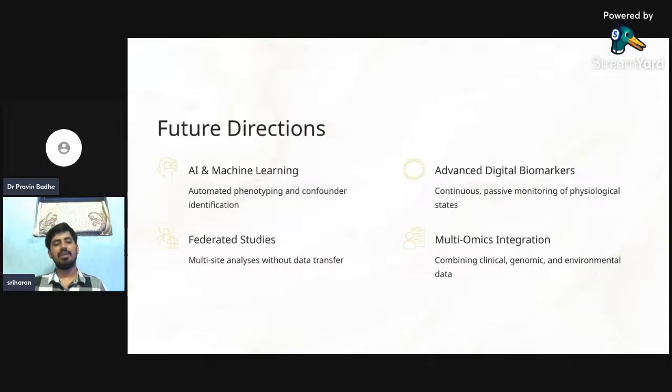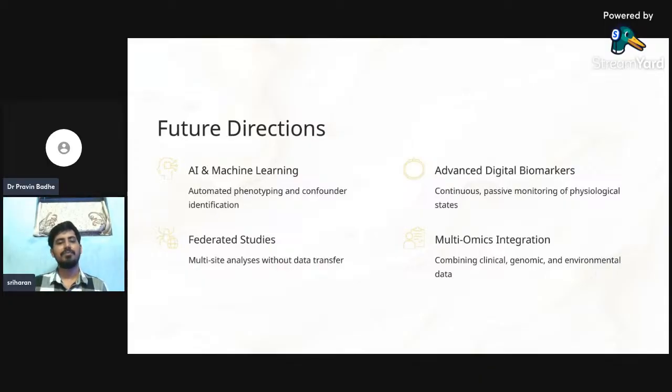Federated study is nothing but a multi-site study. Likewise, multi-site analysis we are taking into the future, along with advanced digital biomarkers like sensors, not only in watches and apps but in different advanced forms, like chips.